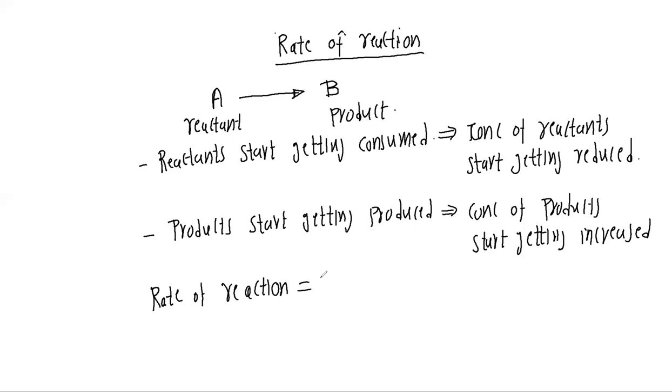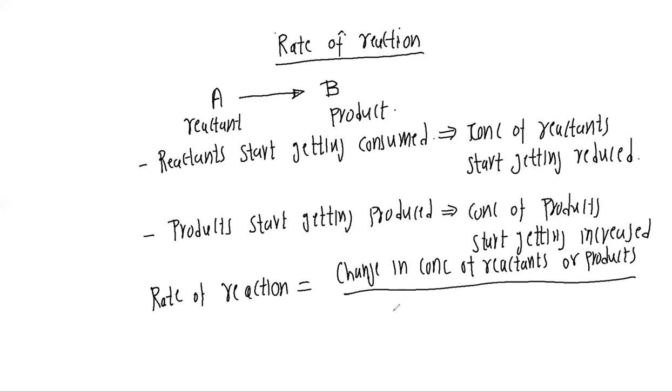Distance upon time. Similarly, here instead of distance, we say change in concentration of whom? Okay, that choice is entirely ours. Either reactants or products. That choice is entirely ours, please remember. Divided by time.